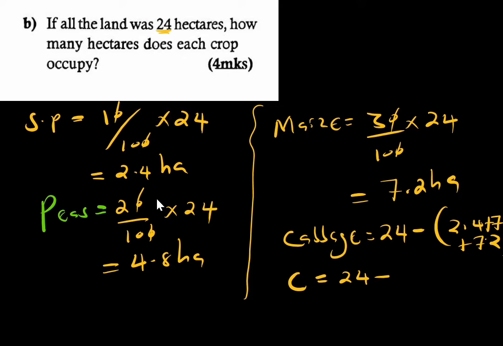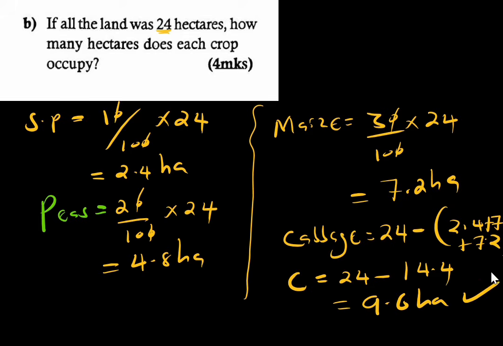If you add 2.4 plus 4.8 plus 7.2, you find that it is 14.4. And if you subtract 24 minus the answer, you see that cabbage is 9.6 hectares.